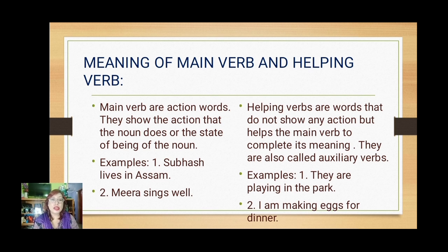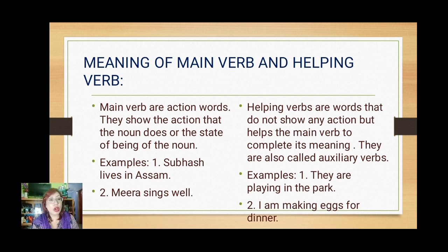Let us first start with the meaning of main verb and helping verb. By now all of you know what a verb is, right, students? Verbs are action words and there are various kinds of verbs. So first let us recall what main verbs are.